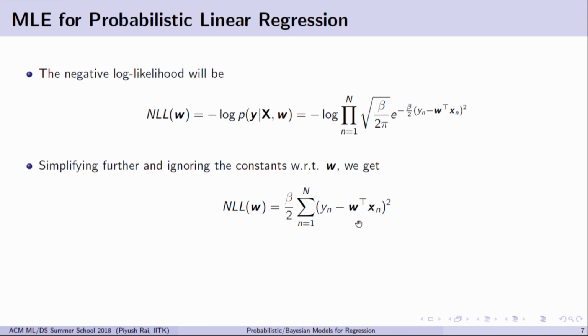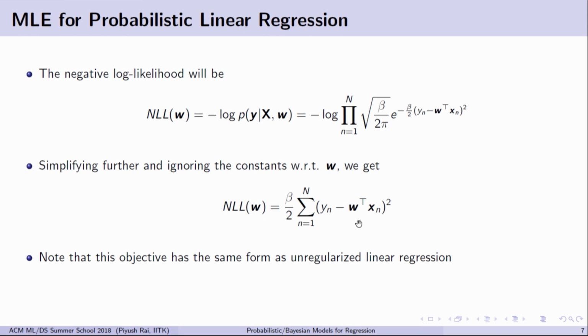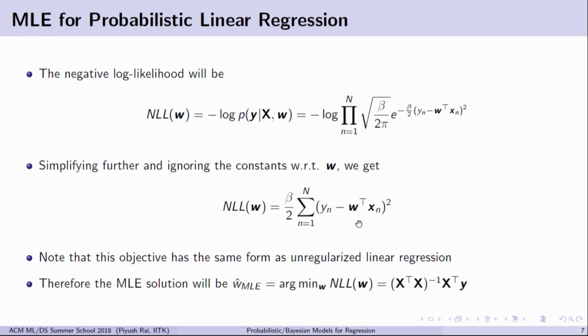But of course, there are other benefits that we will look at shortly. If we solve this objective function, we will have the same solution. So W MLE will be X transpose X inverse X transpose Y, the exact same solution that we had for the unregularized loss function version of linear regression.